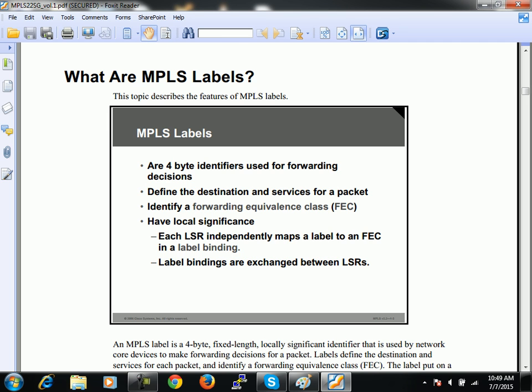One label belongs to one FEC. That's why it is defined as identifying the FEC, because one label is responsible for identifying your FEC.